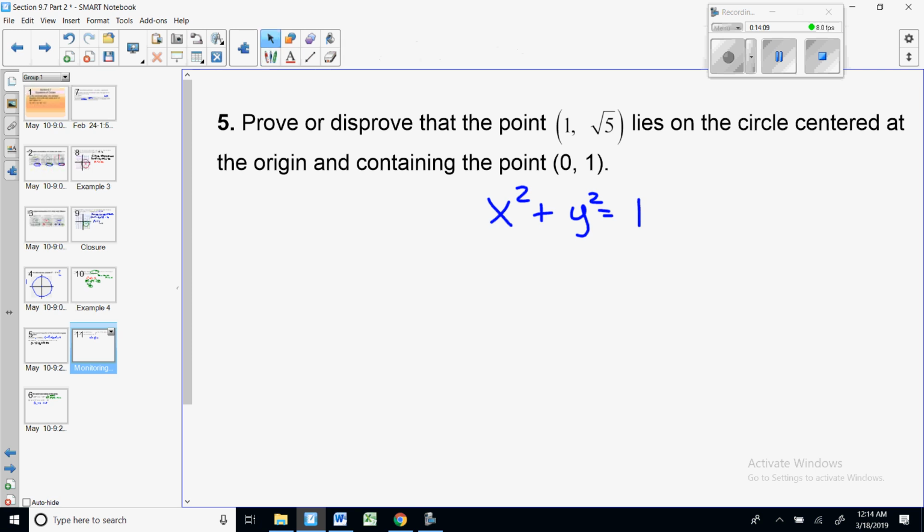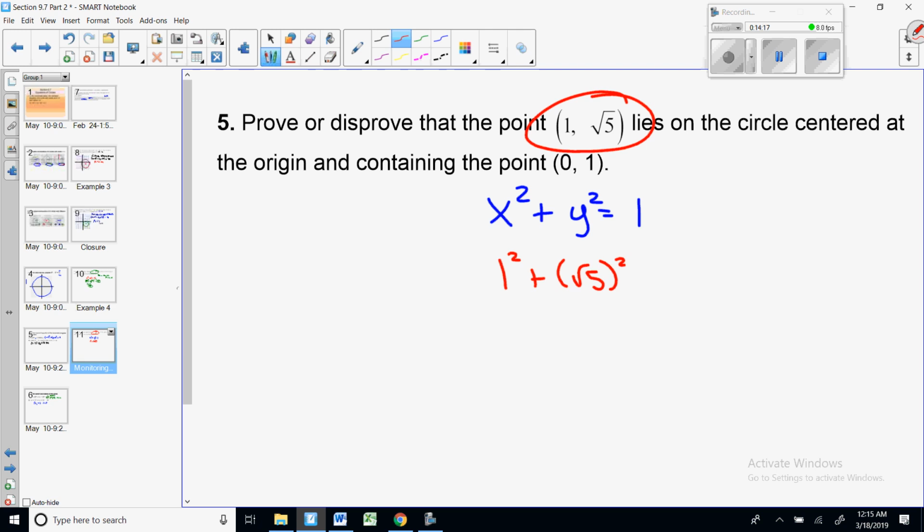Again, we plug this number in for our x and y and see if it fits. If I take 1 squared plus the square root of 5 squared, does that equal 1? Well, 1 squared is 1, the square root of 5 squared is 5, and 1 plus 5 is 6. You can see that these two numbers are not the same, so it does not lie on the circle.